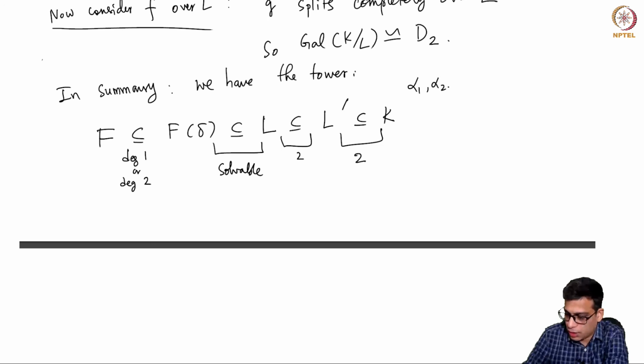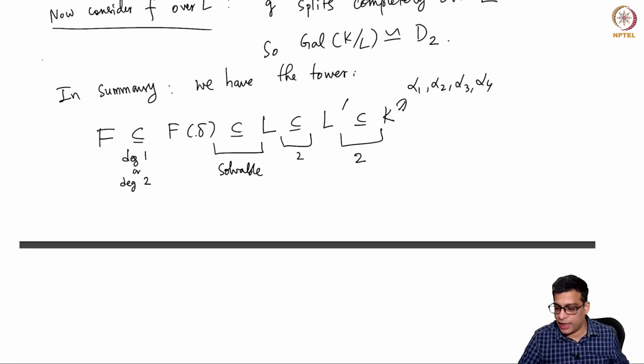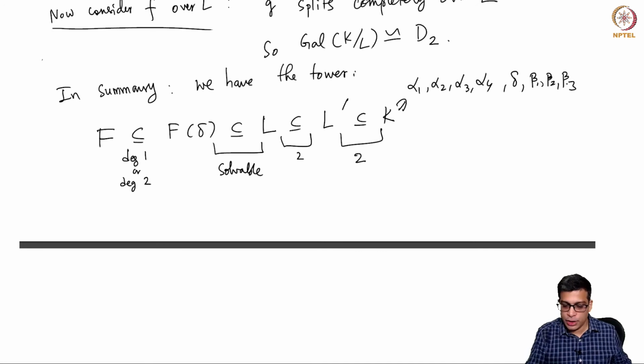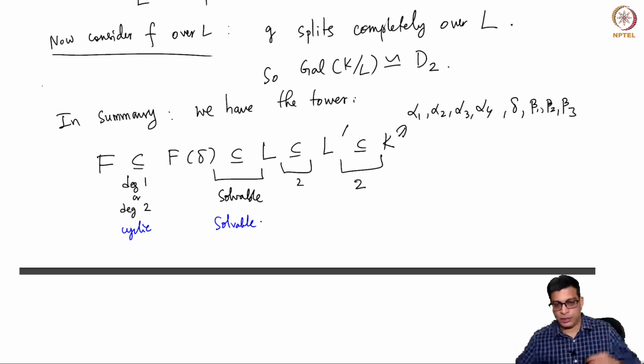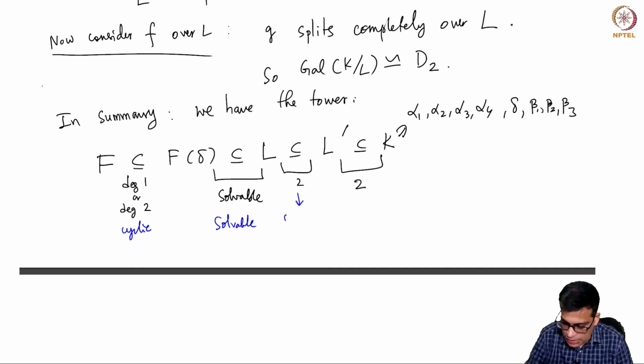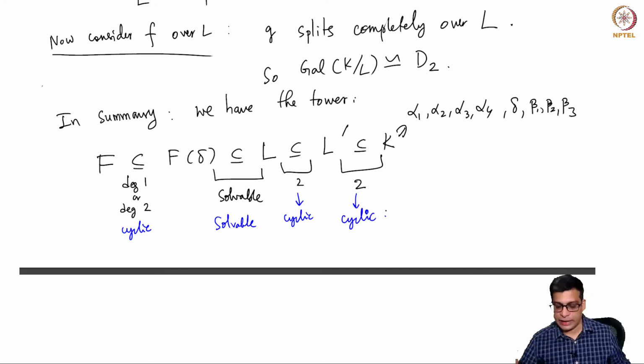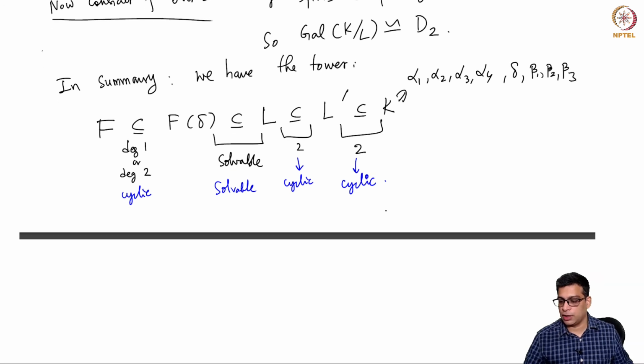And all the roots are in K. So the point is delta is in K, and beta 1, beta 2, beta 3 are all in K. So F delta, L, L prime are all in K. So this is a tower. Now this is degree 2, so this is cyclic. Of course, this is solvable. So it can be a tower of cyclic extensions. This is cyclic. This is cyclic. Okay. So you have a tower of cyclic extensions containing all the roots.